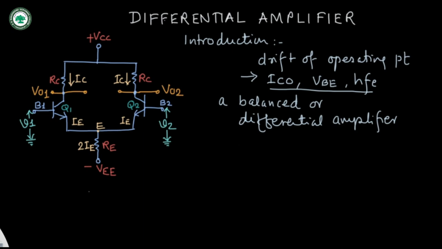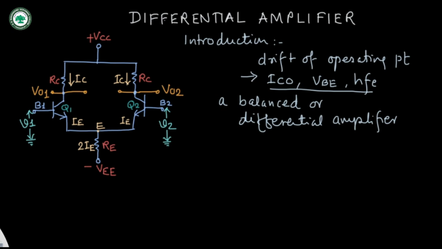Now such a differential amplifier is shown in this figure, which consists of two NPN transistors Q1 and Q2, and their emitters are tied together and connected to some coupling resistor RE and given to the negative power supply voltage.